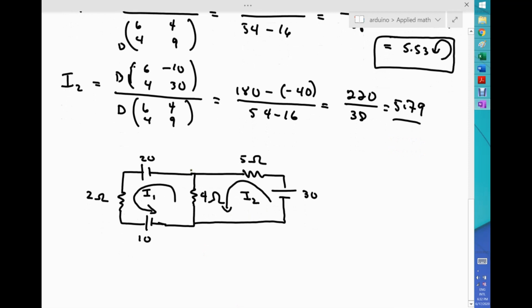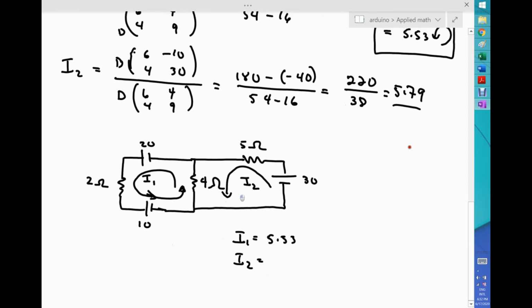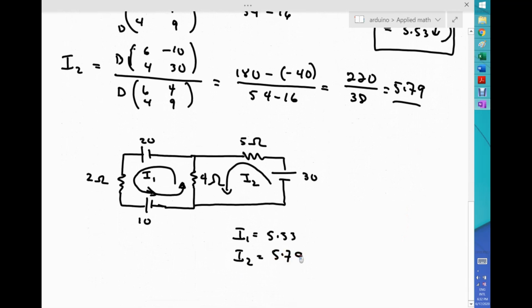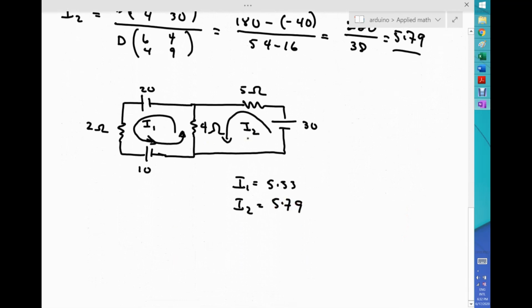Now the question is, what is the current going through here? You complete this. This is going up, and this is coming down. So what's going up? 5.53 is going up, so I1 is 5.53, and I2 is coming down in the same branch. I2, I said, was 5.79. So which dominates? Obviously I2 will dominate, and the net current going through the resistor 4 is going down.